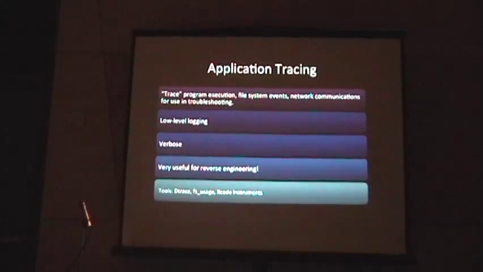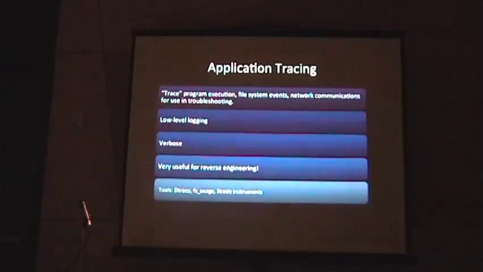Application tracing. I have a slide on this because it's pretty much the basis of all the analysis tools. Has anybody ever heard of DTrace? Okay, those are the real nerds in the room, that's for sure. So application tracing. This is low-level logging. It's incredibly verbose, has a lot of information a lot of people may not understand.